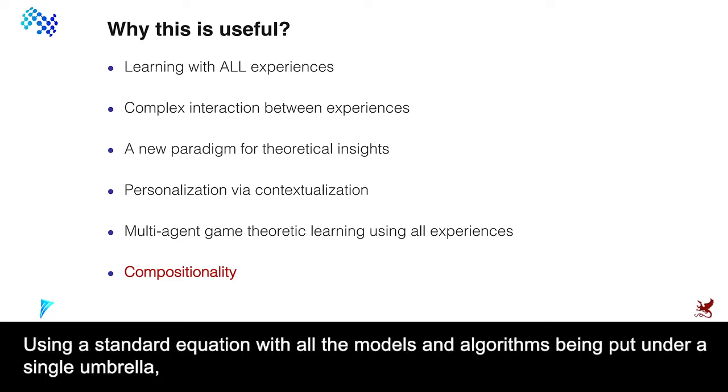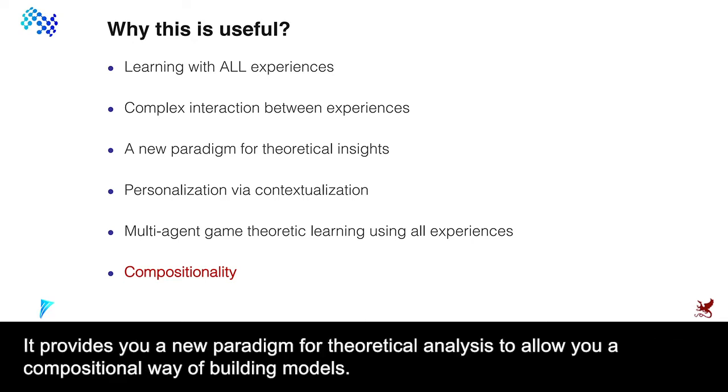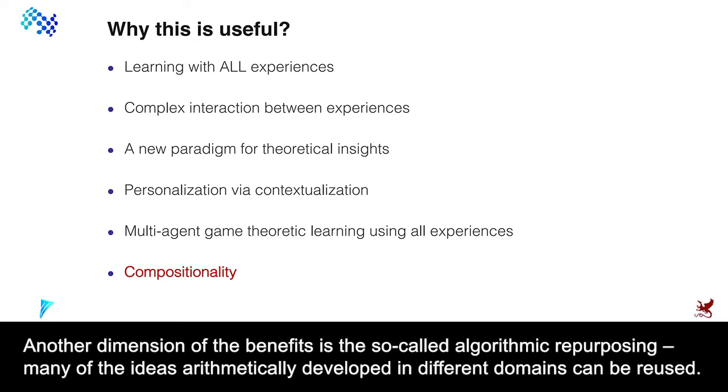Using a standard equation, with all the models and algorithms put under a single umbrella, at least provides some intellectual clarity over how to understand the interplay between all these mechanisms. It provides a new paradigm for theoretical analysis, allowing a compositional way of building models.